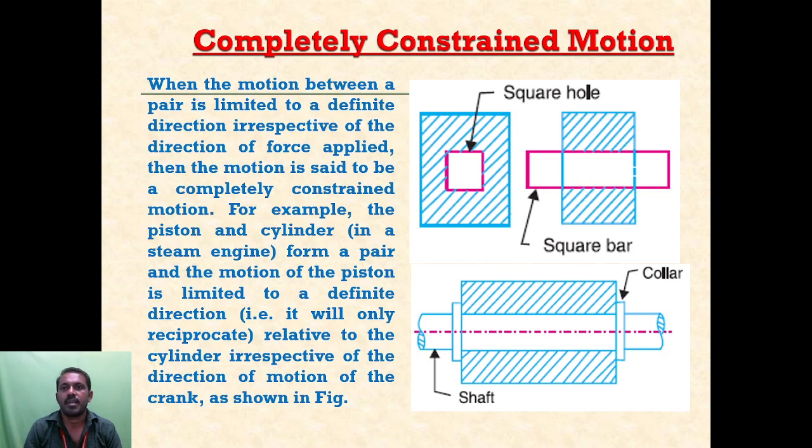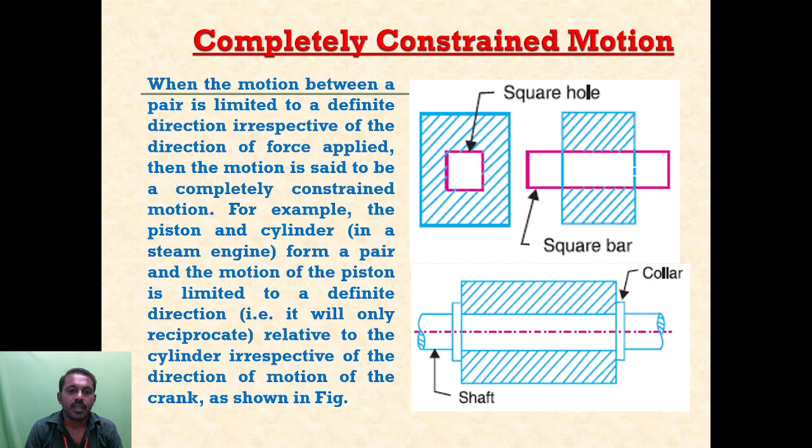When the motion between a pair is limited to a defined direction irrespective of the direction of force applied, then the motion is said to be completely constrained motion.